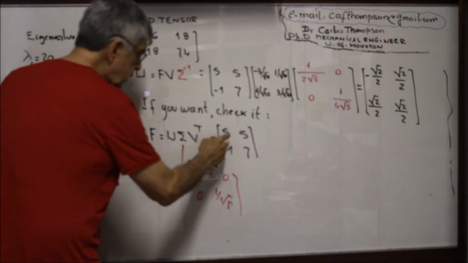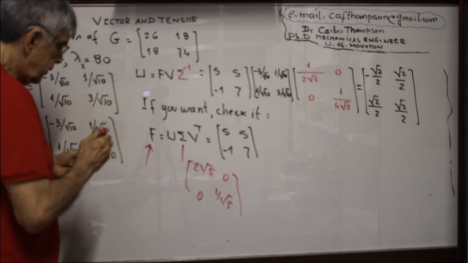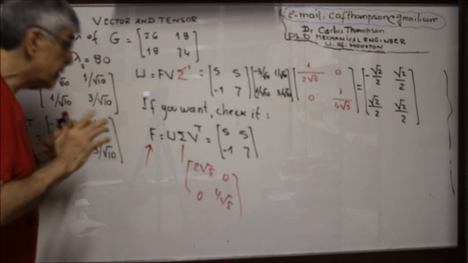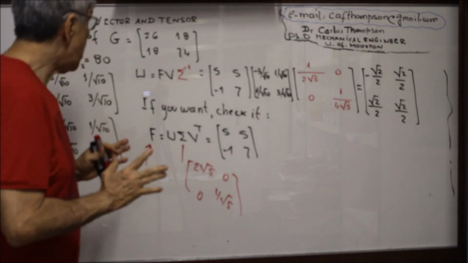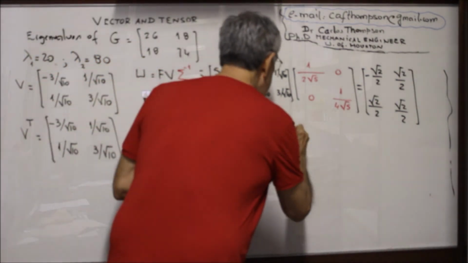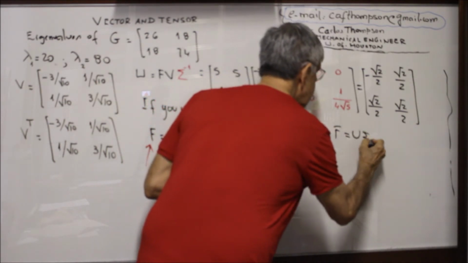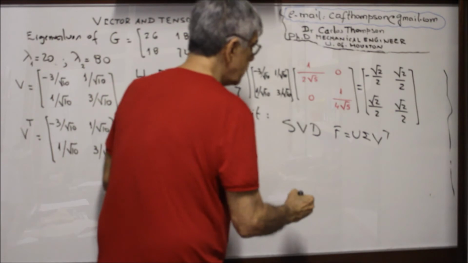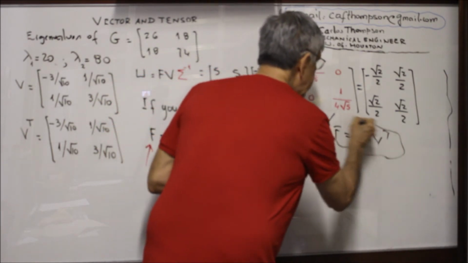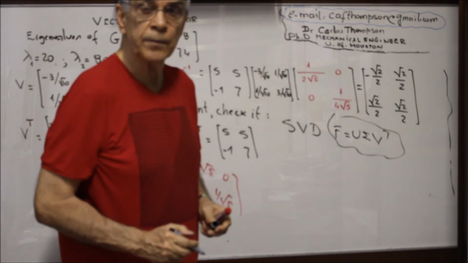I'm sure you're going to get 5, 5, minus 1, 7, which is the deformation gradient. So, don't forget, the SVD: F is equal to U sigma V transpose. Now, this is complete. We have F, U, sigma, and V transpose.